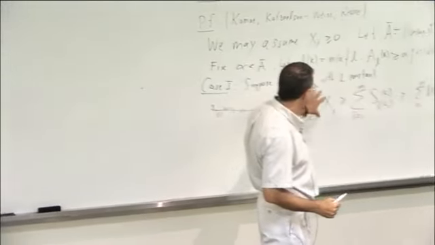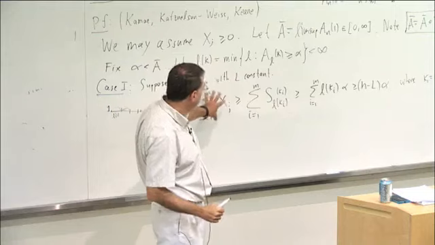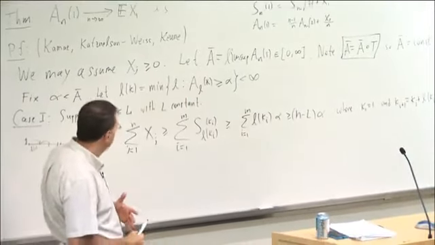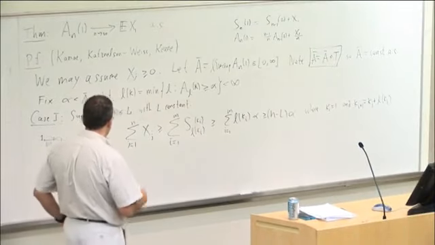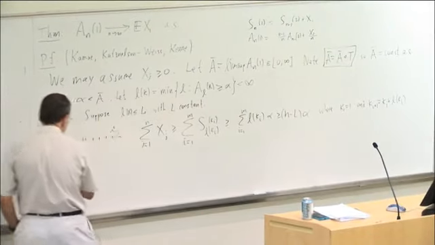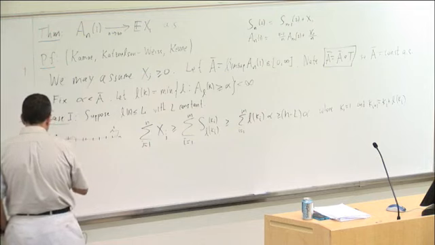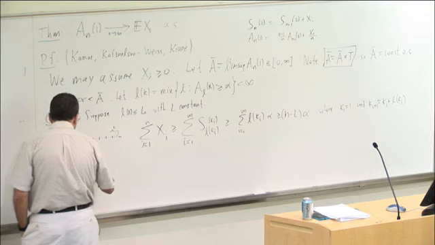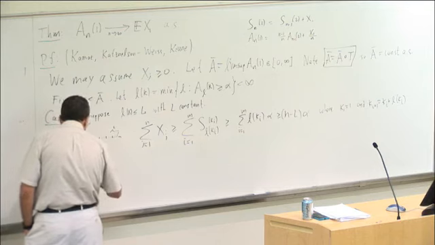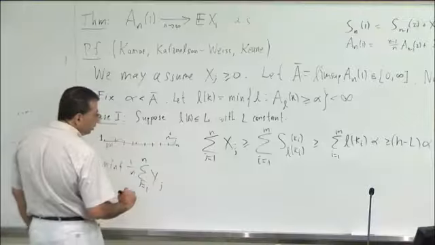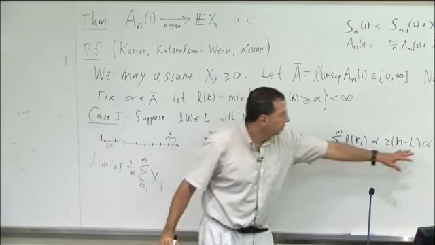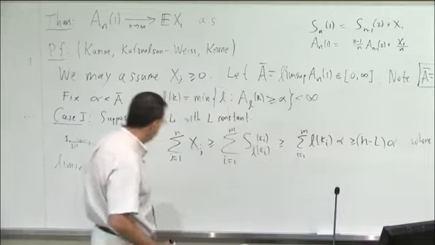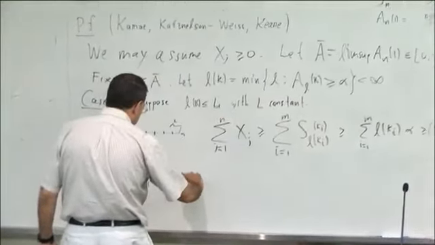Now if you take these two sides, divide by n and take a lim inf, the lim inf of 1 over n sum x_j, j equals 1 to n, as n tends to infinity, is greater than alpha.